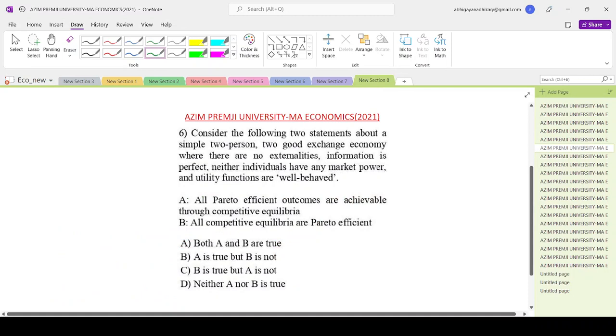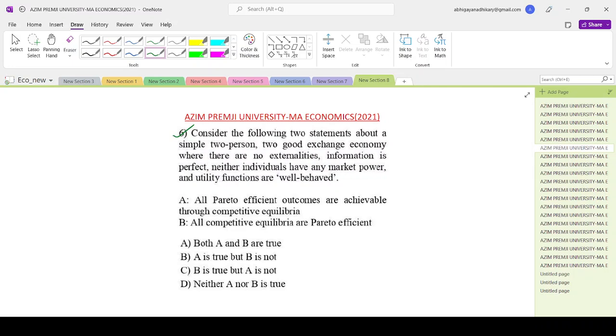Okay. So now moving on to question number 6 of the Azim Premji University MA Economics paper 2021. Consider the following two statements about a simple 2x2 two-good exchange economy where there are no externalities, information is perfect, neither individual has any market power and utility functions are well behaved.